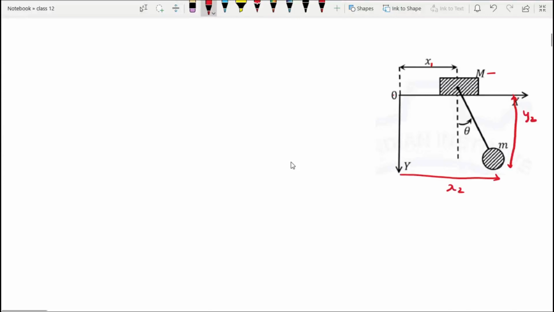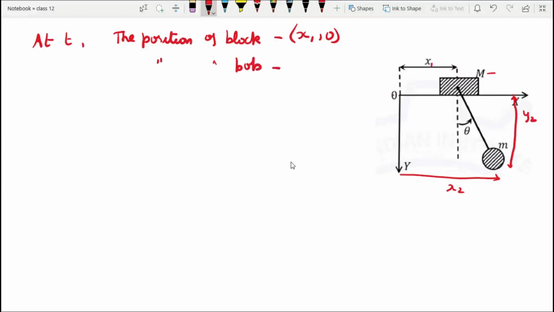So at time t the position of the block is x1 comma 0, and the position of the bob is x2 comma y2.